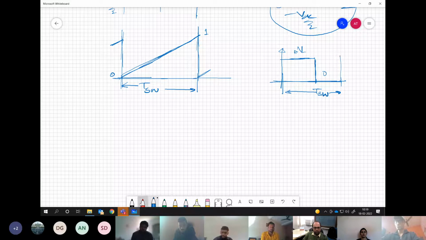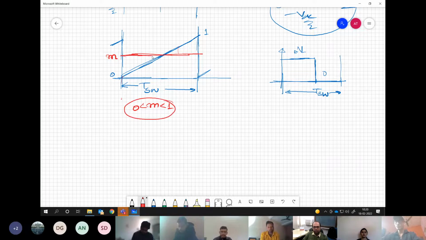And we compare a reference signal, say small m, and small m can have a value between 0 and 1, because if it goes below 0, there is no point, there is no comparison happening. So PWM is saturated. And if you go above 1, the same scenario, there is no comparison, so no control over what you are applying. In between, we have a linear relation between what output voltage we are getting on an average and this reference signal. Understanding my point?